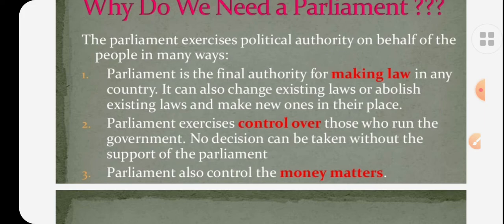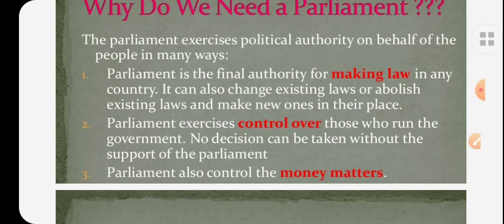So parliament exercises control over those who run the government, and no decision can be taken without the support of the parliament. Through parliament, control is shown over those who are in government and those in opposition.